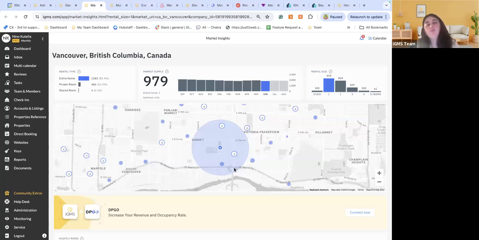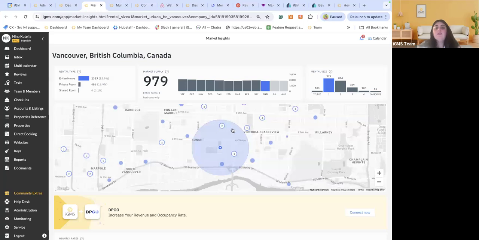Of course, they also use a lot of different things, but these are the main pinpoints of everything on one page. In here we have all the information regarding the most popular rental type in your area, what's the most market supply and what will be the market supply in the future, and the average rental size. It will also show your competitors' listings as well.